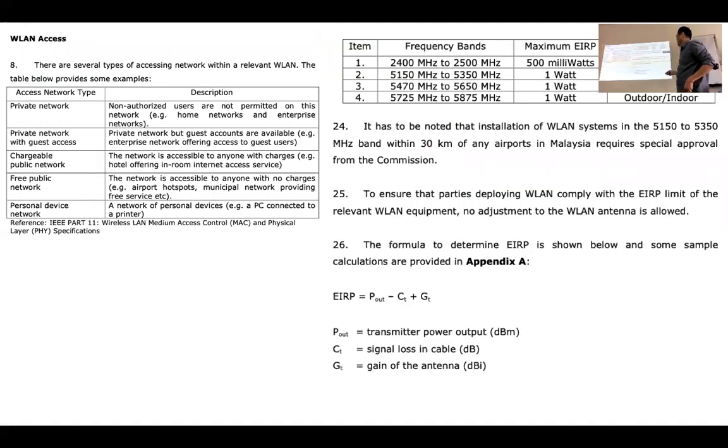So for the EIRP calculation, they give it in the guideline. Okay, you can read it up because they will give you here. The ERP, what is it? Power output, dBm, minus signal loss, plus gain. Sometimes there is extra antenna gain, right?